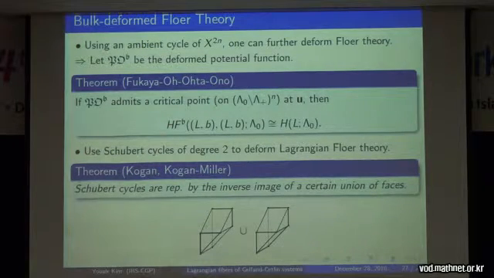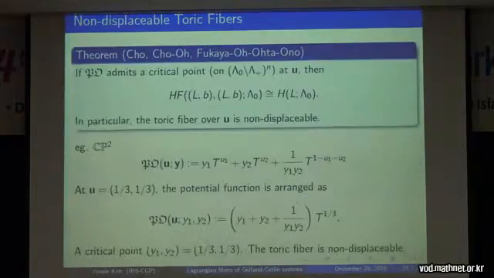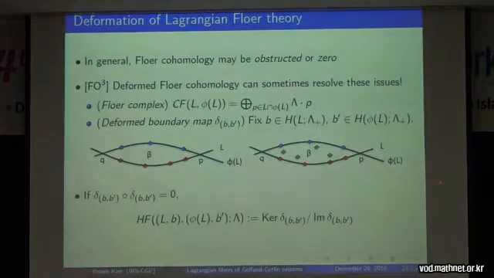And one more step. I'm going to use the bulk-deformed Floer theory to achieve the goal. What is the bulk deformation? Actually, in the previous slide, we look at this one, right? I just explained this one, but we insert the interior marked points and then choose an ambient cycle of the symplectic manifold, and then require that these green marked points pass through that ambient cycle.